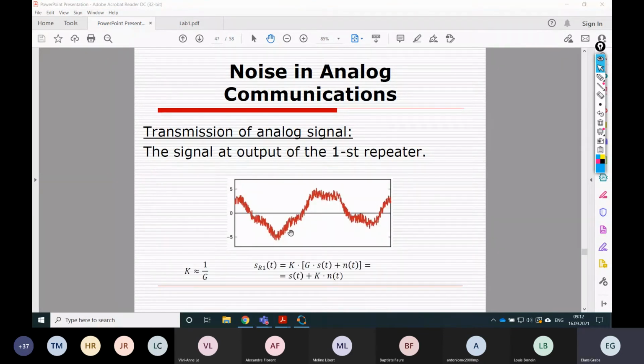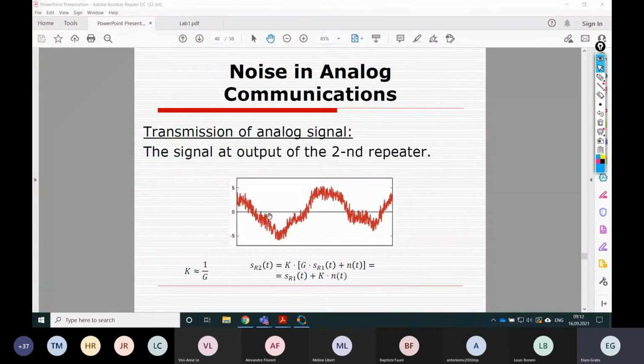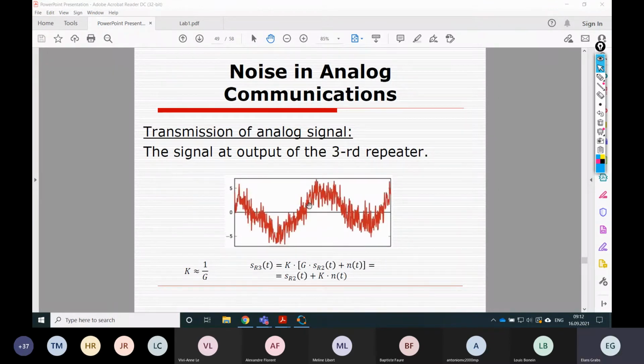What will happen is that it will also get attenuated. It will decrease in its amplitude. Even more noise will come. The next repeater will amplify it, and you will see that there is even more noise now. If we add a third repeater, the noise increases even more.